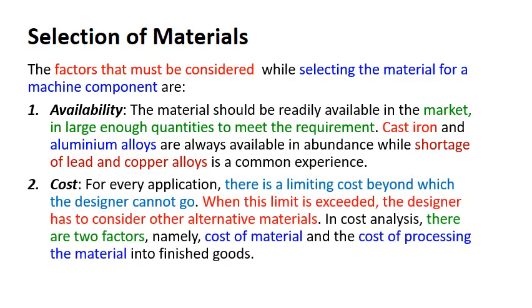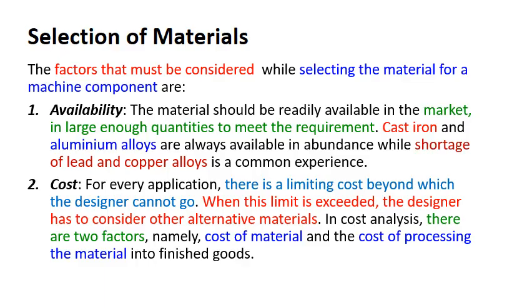Then cost. Every design has a constraint, that is the cost, and we cannot cross it. When we say cost, it includes both the cost of the material as well as the cost of processing the material into the final product. Just because it is available in abundance, it doesn't mean that we have to go for it, right?